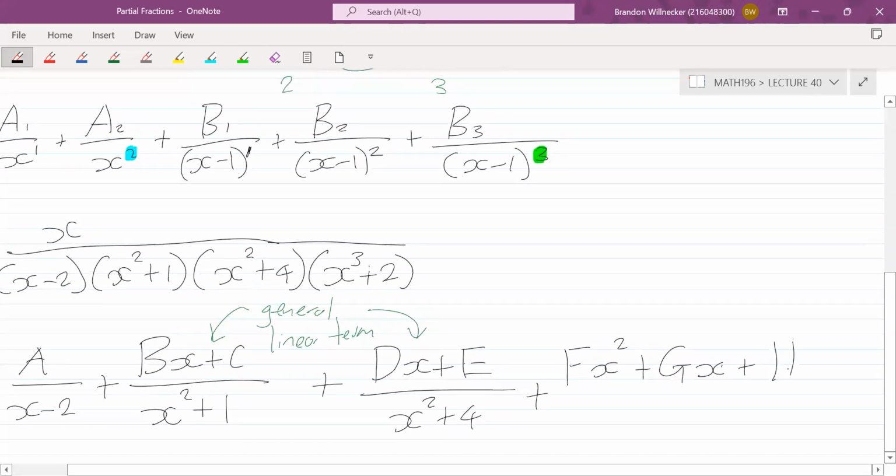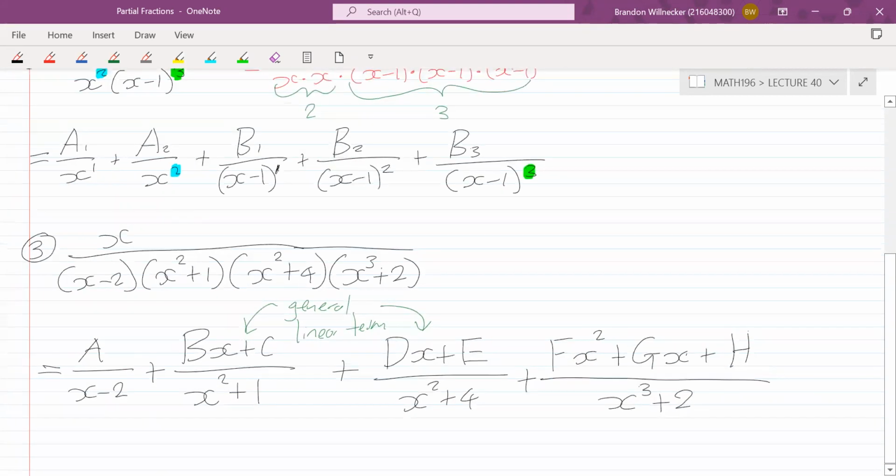Plus H. So you see it's a general polynomial of degree 2, which is 1 less than what the denominator is, which is x cubed plus 2. So here we have a general quadratic term over there.